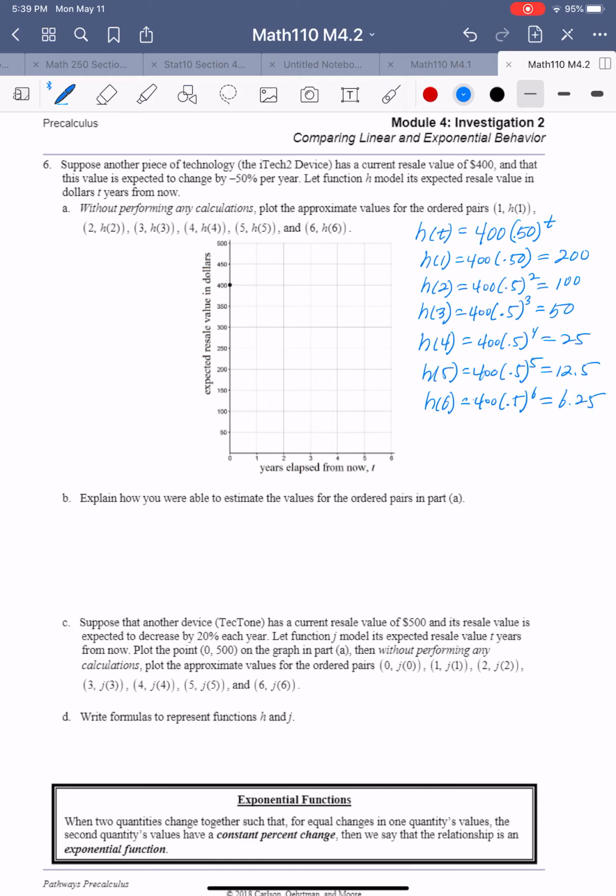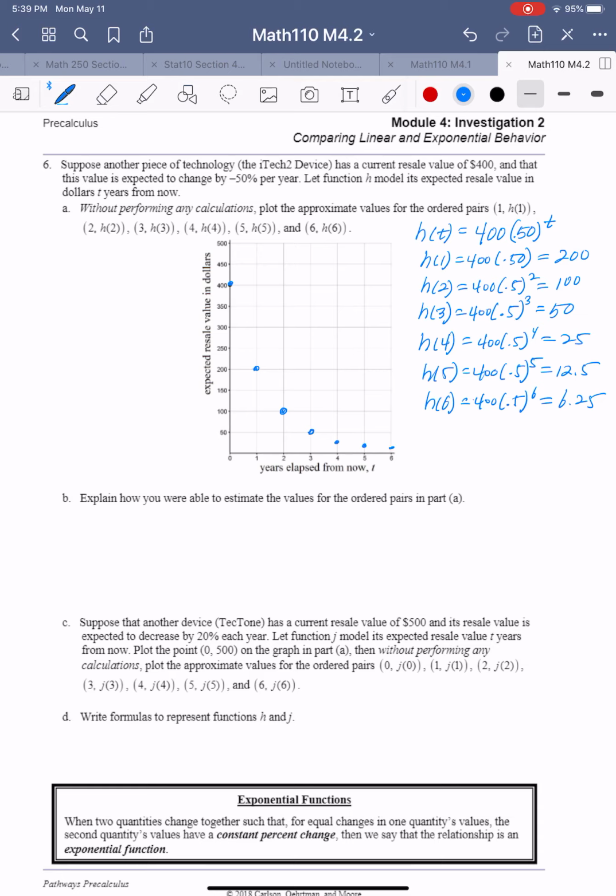And then you can plot them in. Year 0 was 400, the first year was 200, the second year was 100, the third year was 50, then 12.5, and then 6.25.